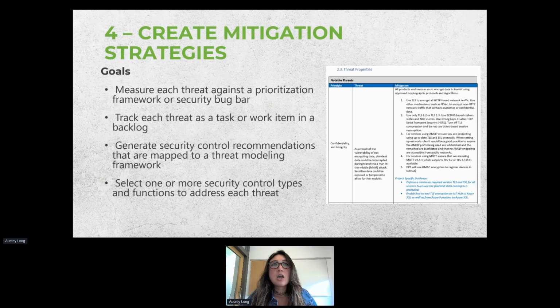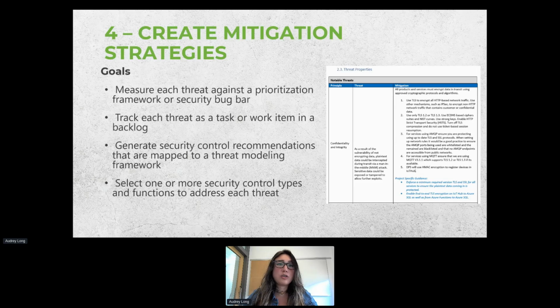In this phase, the high-level goals are to measure each threat against a prioritization bar or security bug bar. That's what we like to use at Microsoft. Track each threat as a task or a work item in a backlog. This one's really important, guys, making sure that we actually have this security work documented in a place that is actionable and can be iterated on is really, really important, because a lot of the times I see security work falling through the cracks because we don't do a great job at ensuring that folks can actually pick up the work that we've discovered.